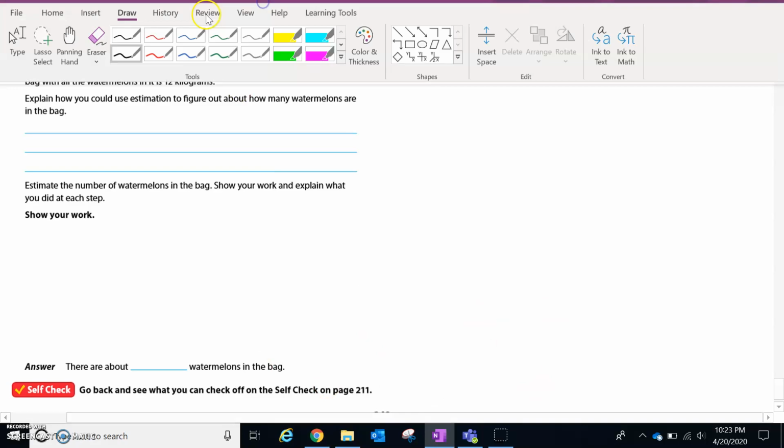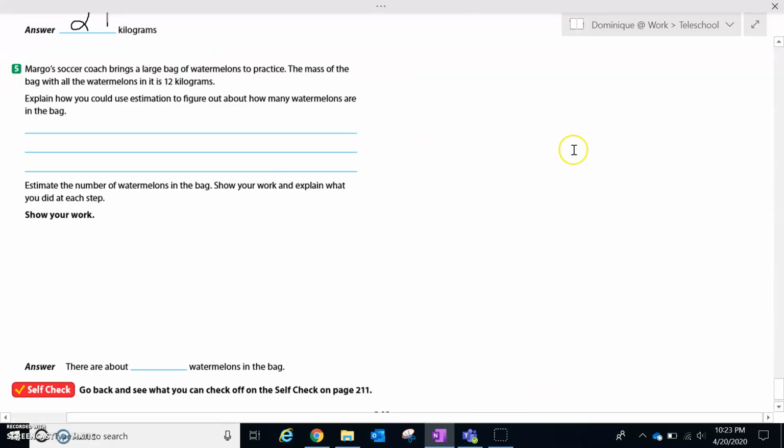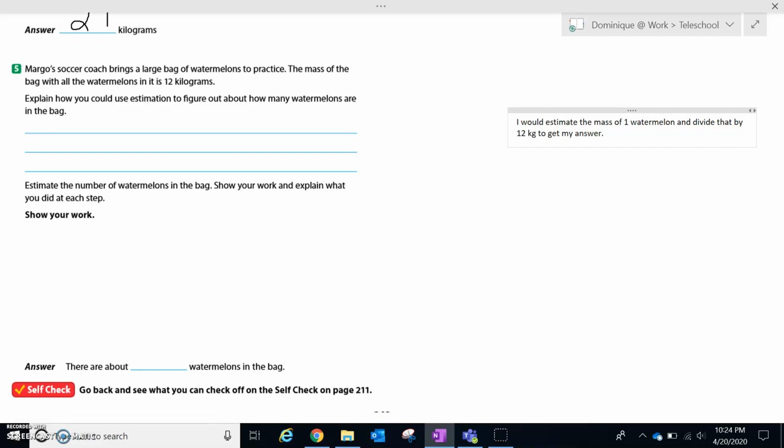So our first step would be to estimate. I would estimate the weight, I'm going to say the mass, got to use those math vocabulary words, the mass of one watermelon, and divide that by 12 kilograms to get my answer.